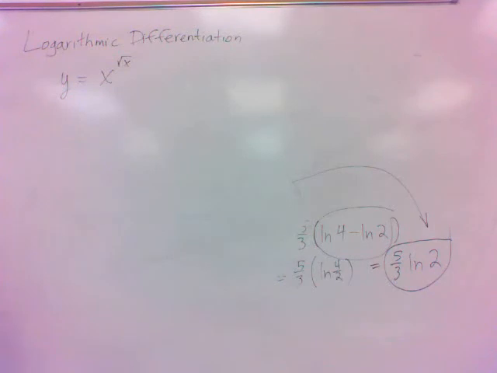So that's the thing. Here we've got the variable in the exponent and in the base. Well, we can get around it by doing what's called logarithmic differentiation. And by logarithmic differentiation, here's what that means. We're just going to, first of all, start off with taking the log of both sides, ln of both sides.